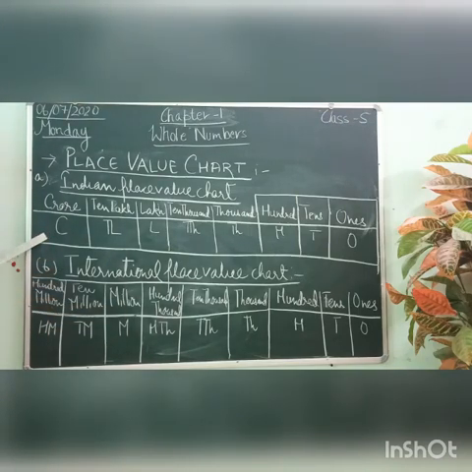If we are talking about crore, then we are talking about 10 million. These are the differences. Our Indian place value chart has ones, tens, 100, 1000, 10,000, then lakh, 10 lakh and crore. In international we have the same chart up to 10,000, but after that it is 100,000, million, 10 million and 100 million.